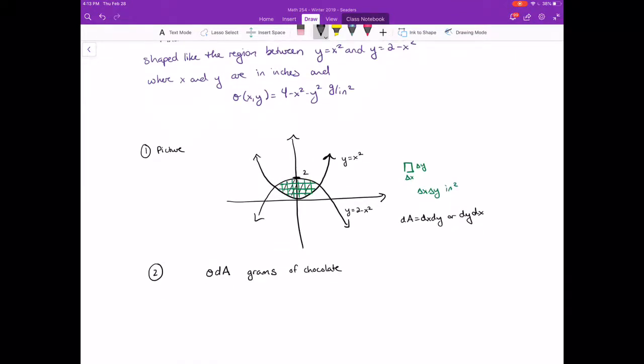And then where it gets interesting is for me to add this up over my cookie to get the total amount of chocolate.